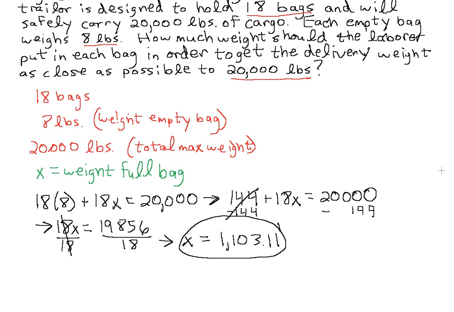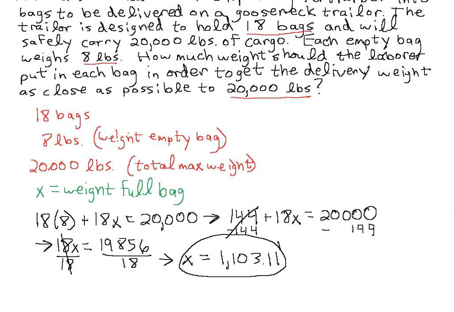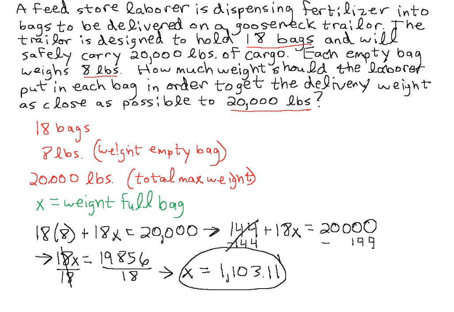Do we want to know if the answer makes sense? Can we safely put a little over 1,000 pounds into 18 bags and it be close to 20,000 pounds? And we can see that 18 times 1,100 is just under 20,000 pounds, so yes, that makes sense. Now, does it solve our original equation?